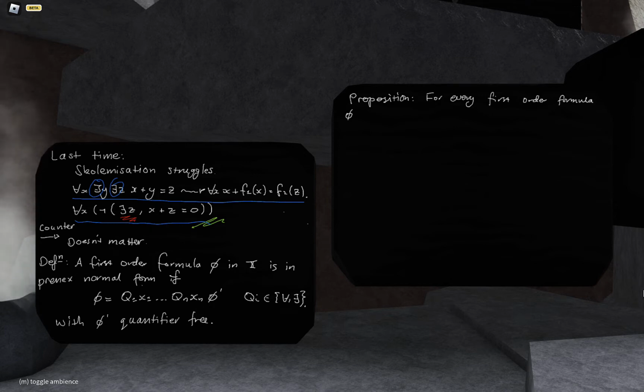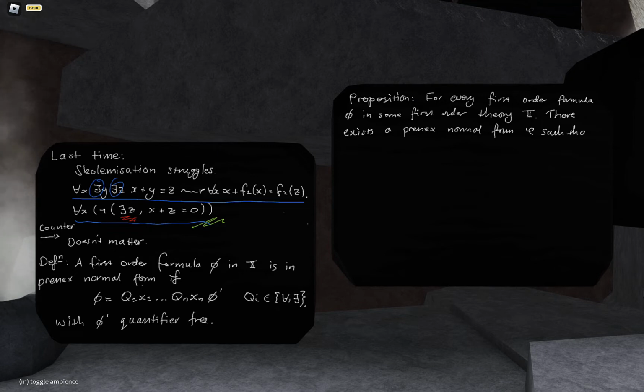For every first order formula phi in some first order theory T, there exists a formula phi prime in prenex normal form such that T union phi can prove phi prime, and T union phi prime can prove phi.